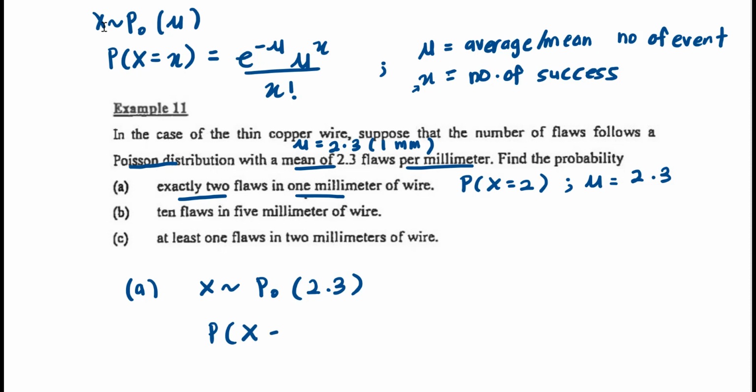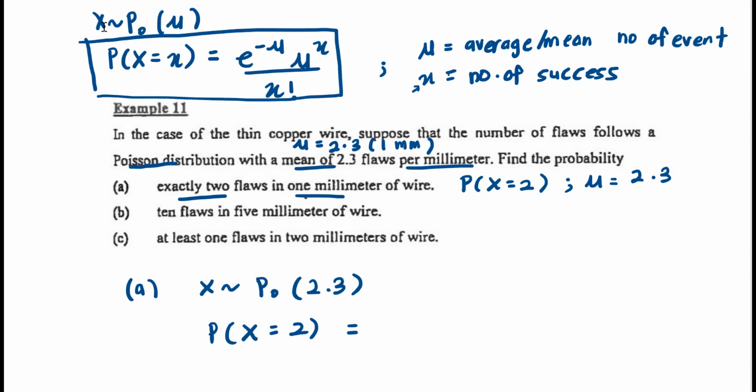The question asks for exactly 2, so it is equal, and we use this formula: e to the power negative mu, where mu is 2.3, times mu to the power x, where x is 2, over 2 factorial. Then we solve this and get 0.2652.